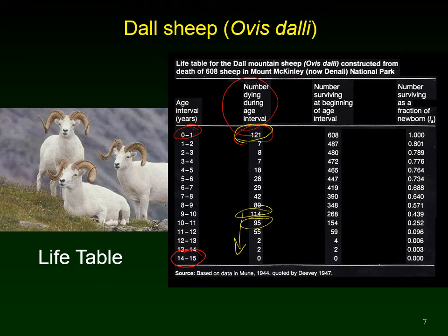The other thing to note is that you have to know how many total skulls you have, and that's this number surviving at the beginning of the age interval. In this particular case, this is the data with 608 skulls. In the age interval 0 to 1, all the sheep had been born, so all the sheep were surviving at that point. The next slide, we're going to go over how we do these calculations.